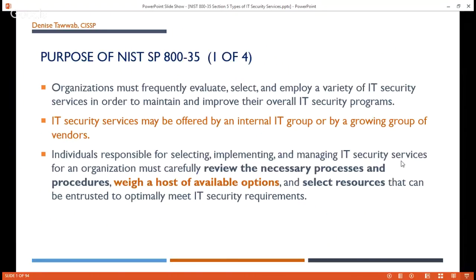And the services may be offered from an internal group or externally, but either way, the individuals responsible for selecting, implementing, and managing those services have to carefully review what's out there and make decisions about what IT security services you're going to bring into the organization, whether it be internal or external. So we're going to talk about that.